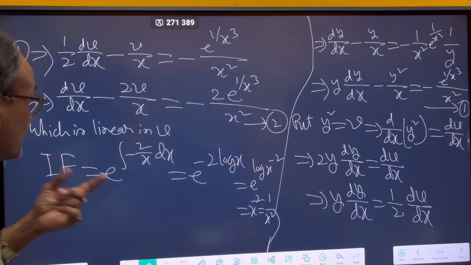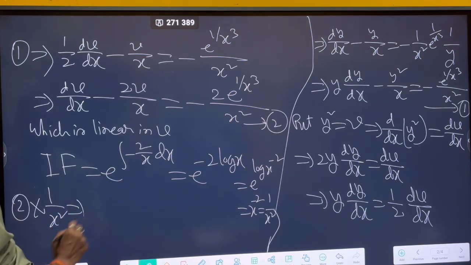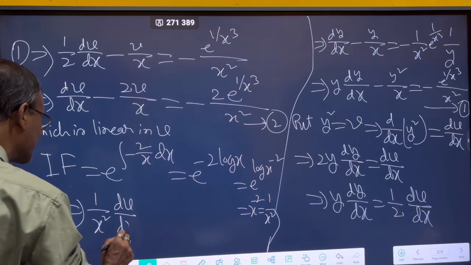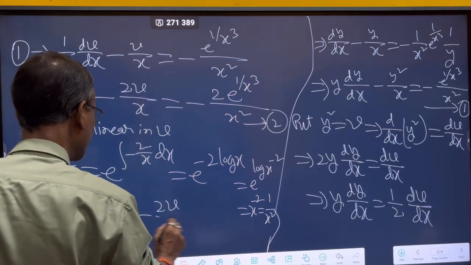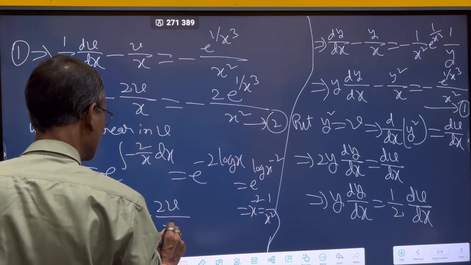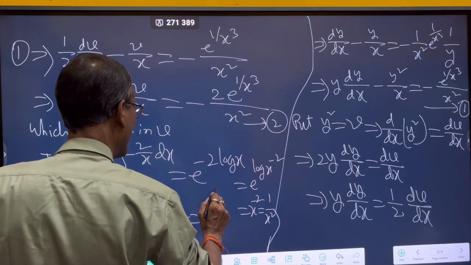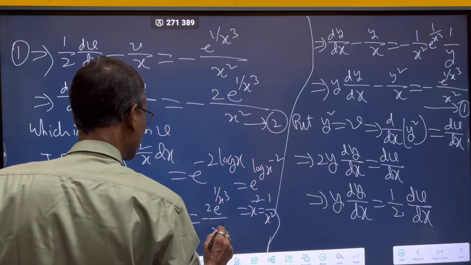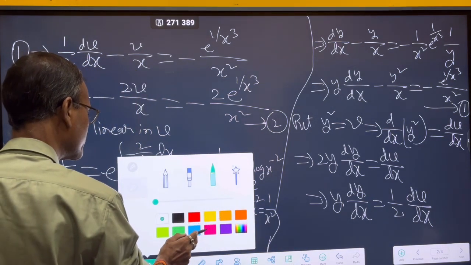Multiply 2 by 1 by x square: 1 by x square dv by dx minus twice v divided by x cube equals minus 2 e to the power 1 by x cube divided by x to the power 4.